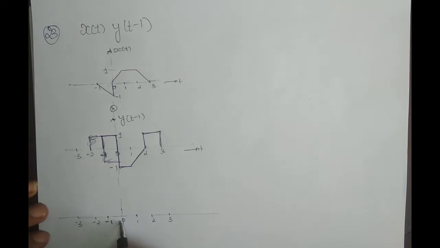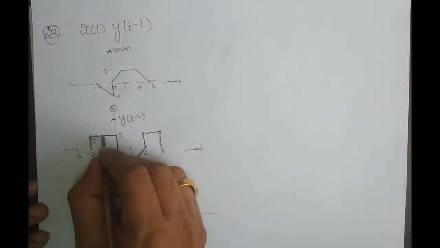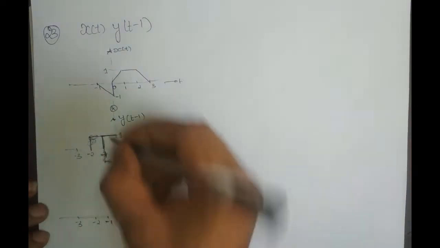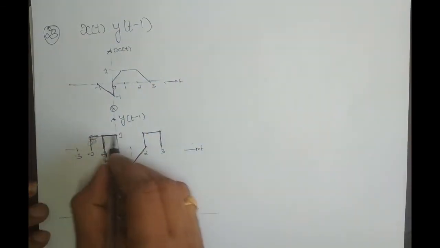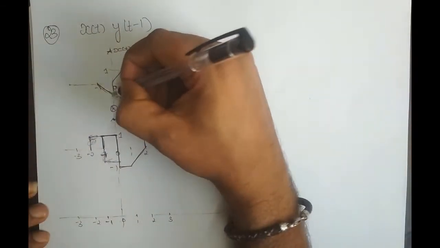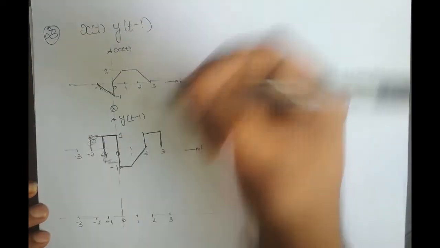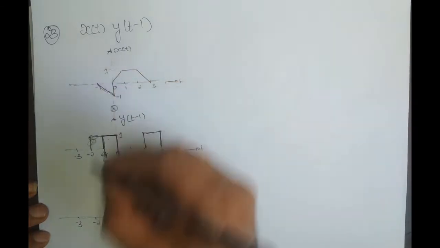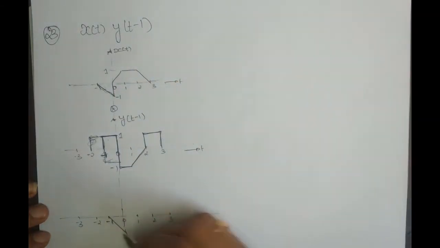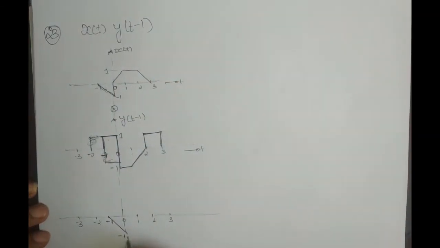Now for t varying from minus 1 to 0, what is the amplitude of the first signal? 1, right? 1 times this signal. What is the resultant signal I get? This signal itself, right? 1 into anything is this signal. So I get something like this, and this is amplitude minus 1.